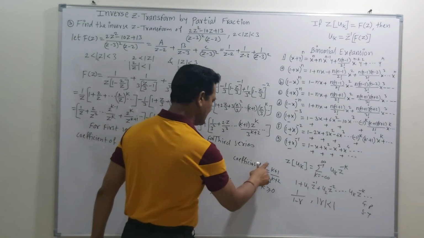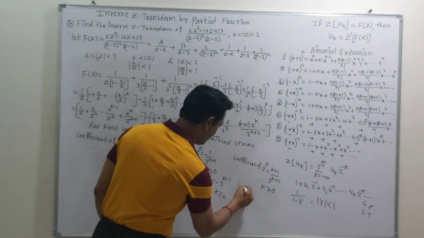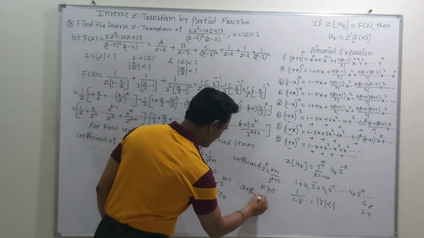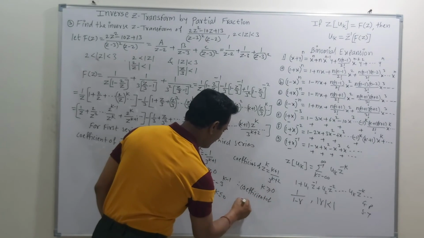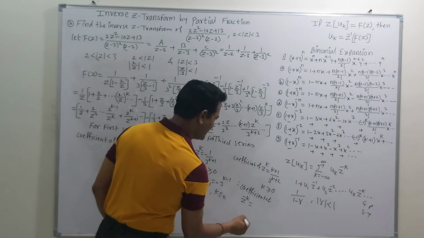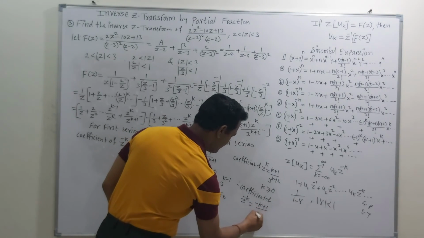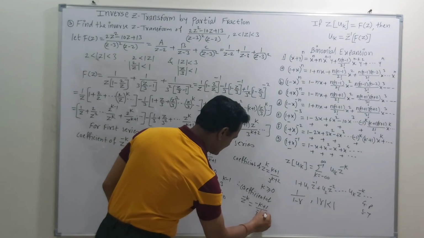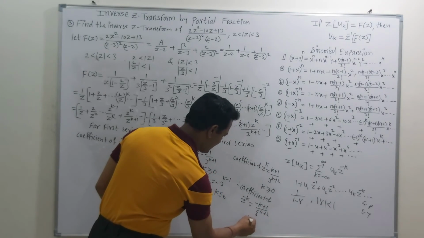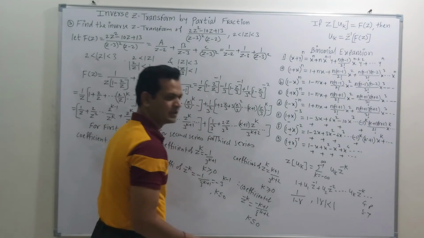But here we get the value of z raised to k. So therefore coefficient of z raised to minus k is equal to, we get this as minus k plus 1 upon 3 raised to minus k plus 2, and here k is less than or equal to 0.